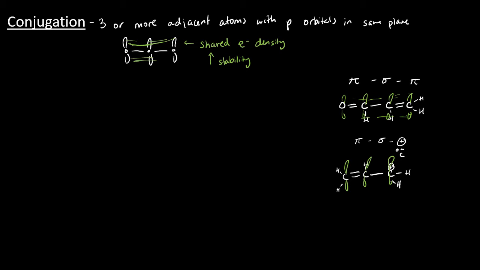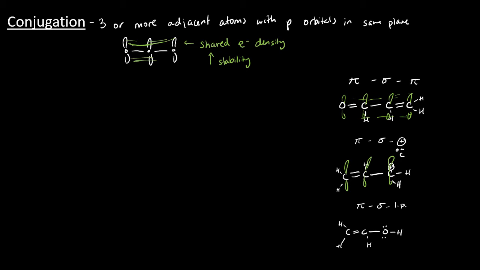Okay, so our last small pattern is pi, sigma, and then lone pair. Okay, so if we have a pi bond, then sigma bond, and then maybe an oxygen that has a lone pair.